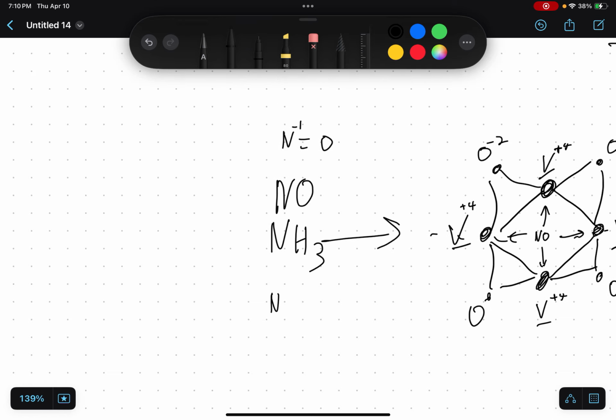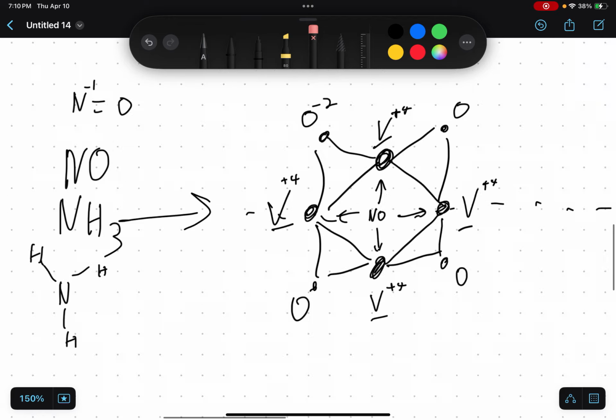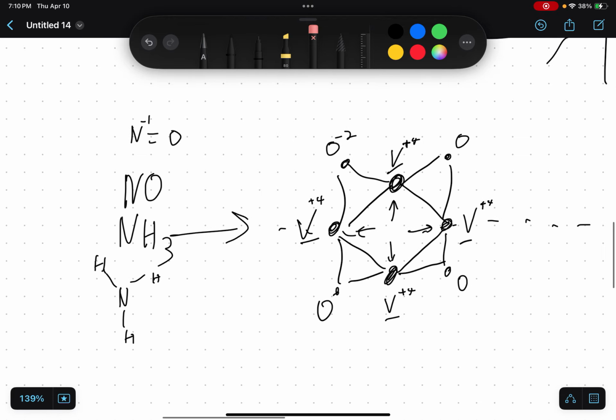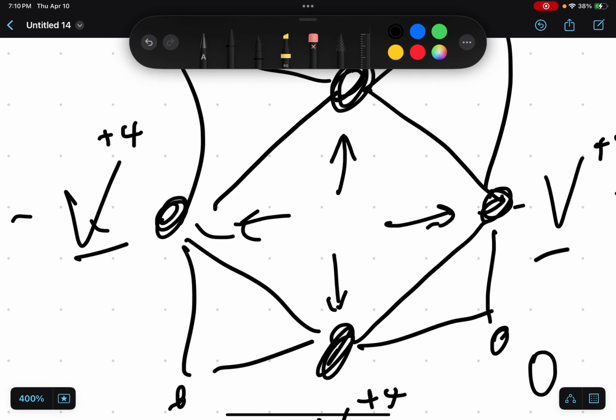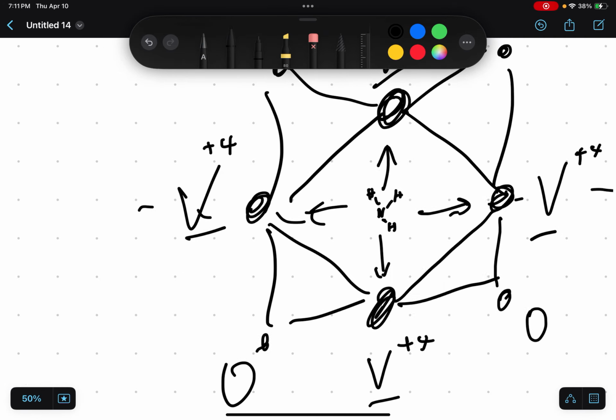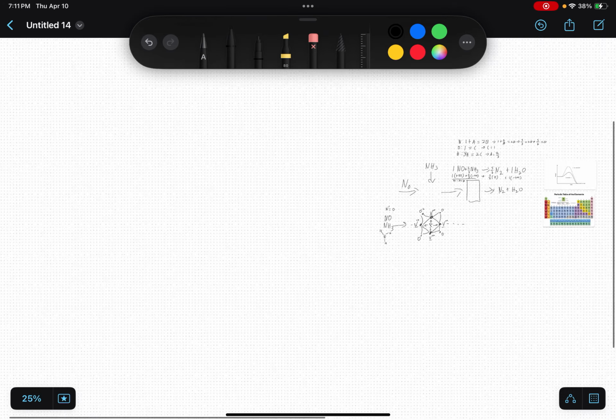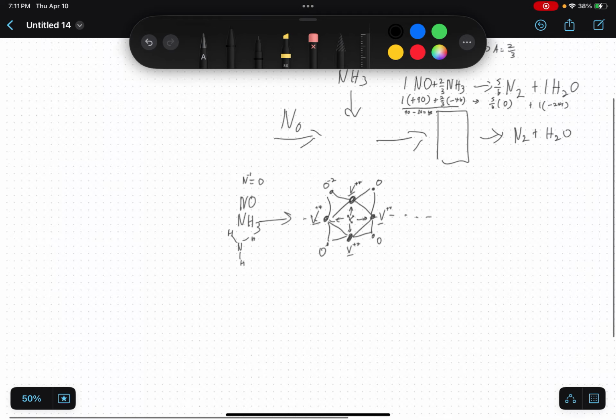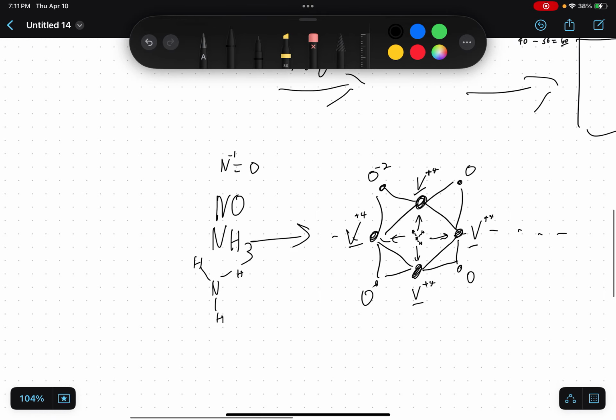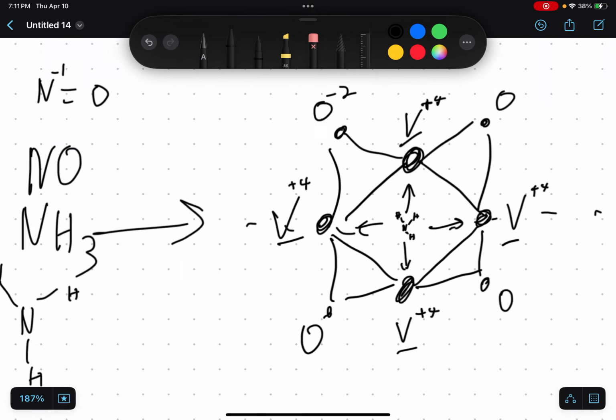You have N, and you have 3 H's. So it'll help if I draw that in here. I know I have an infinite screen I could draw on, and I'm choosing to draw super small, but I am choosing it, so you have to deal with it.